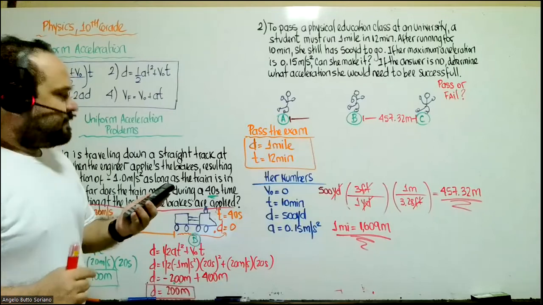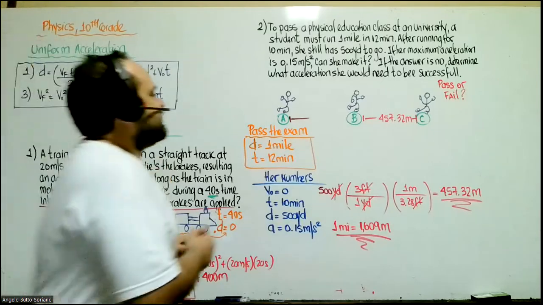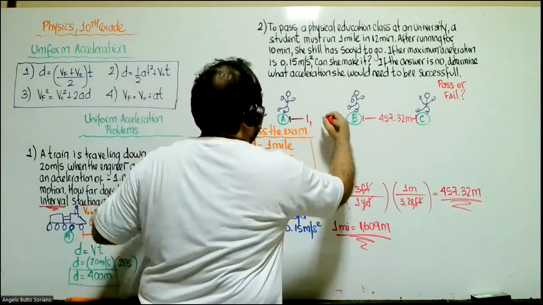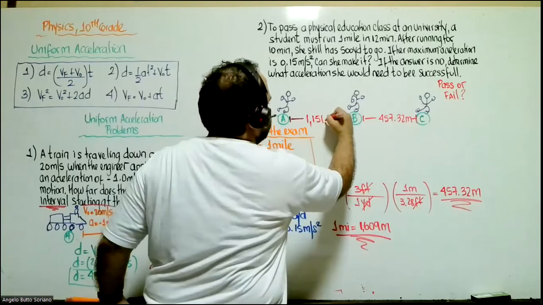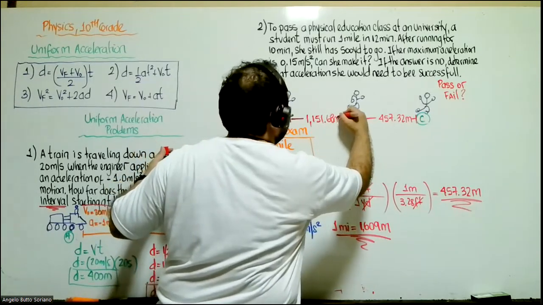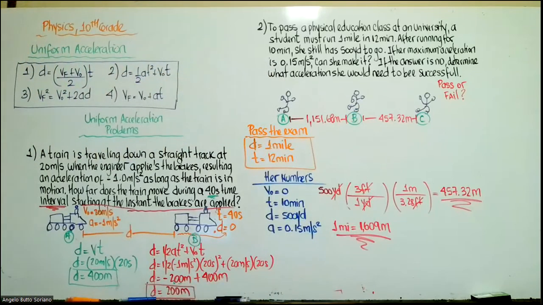So the distance covered between A and B is 1,151.68 meters. If you add both quantities, it gives us 1,609 meters.